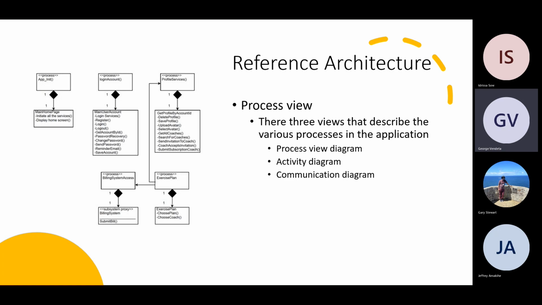It also encompasses the profile services, which is deleting a profile, saving a profile, etc. It also includes the billing system access, which is what we use to pay, and the exercise plan, which is what we use to choose the plan and choose the coach for the user. Next slide, please.